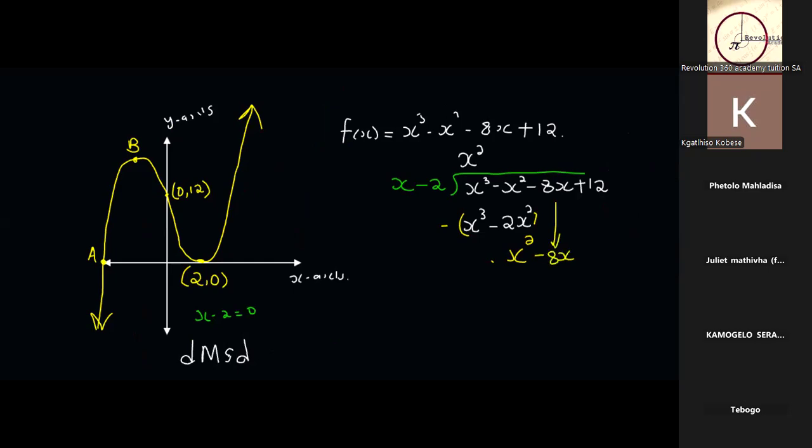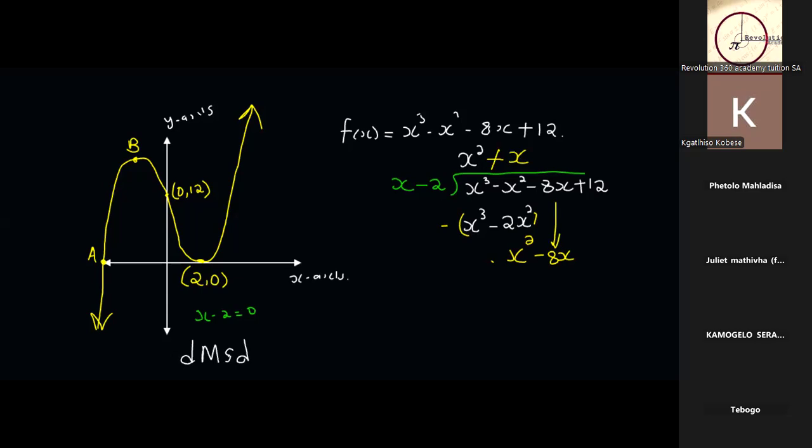And then after that, you go and divide again. You're going to say x squared divided by x. That should be positive x. You write positive x. Then we say x times x is going to be x squared, right?